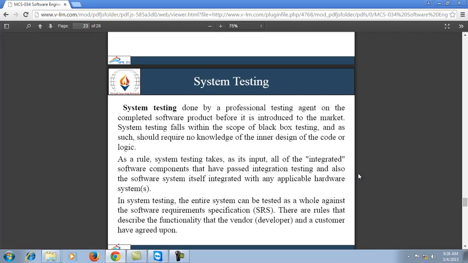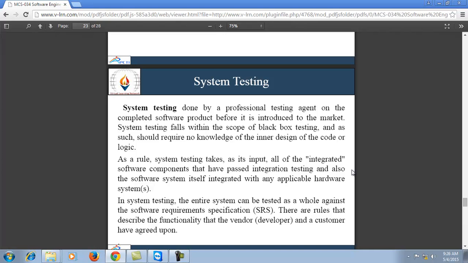Let's explore a little bit about system testing. This is the most popular question. System testing is done by a professional testing agent on the completed software product before it is introduced to the market. So system testing falls within the scope of black box testing, and as such should require no knowledge of the inner design of the code or logic.